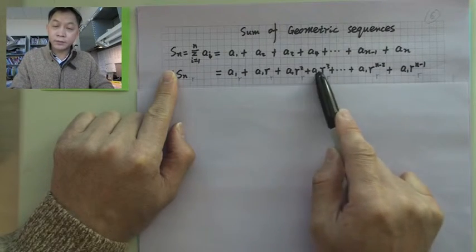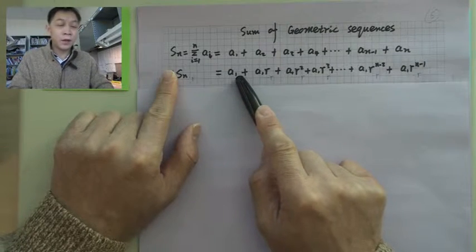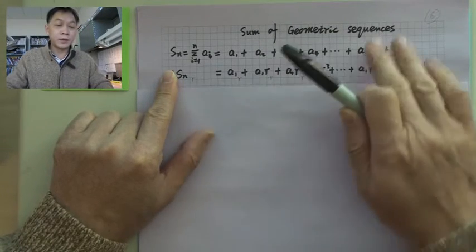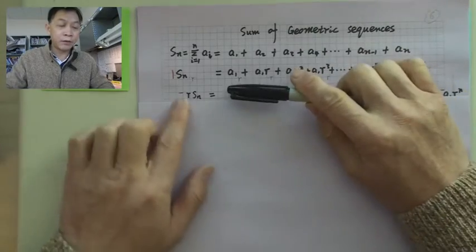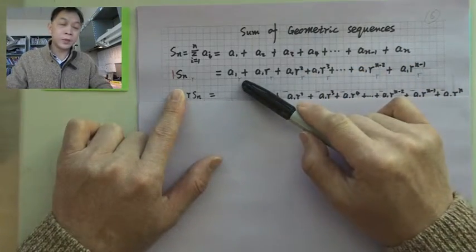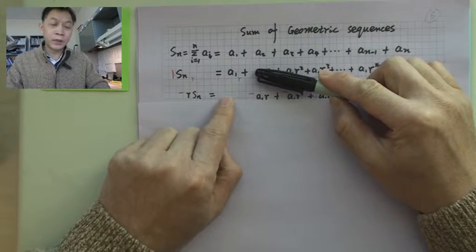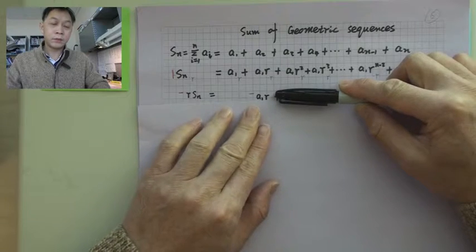So r times S sub n, then you will have r S n. And r times A1, I don't want to put here, I put it here.